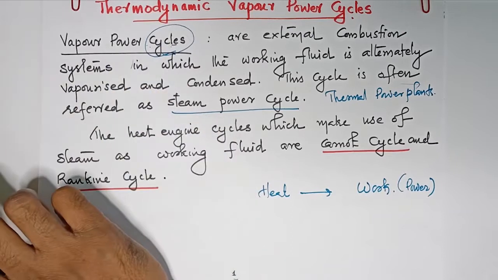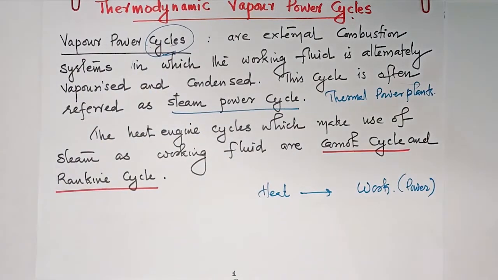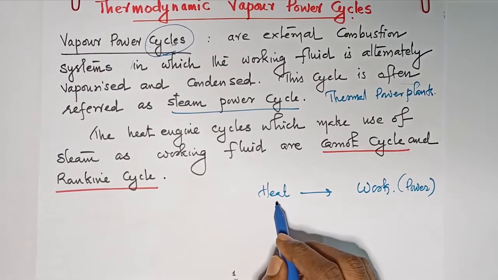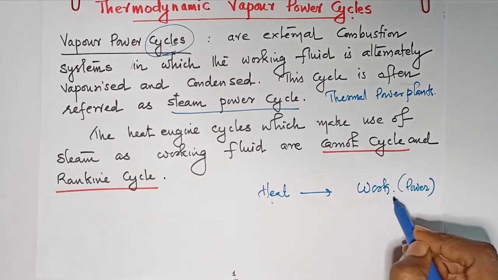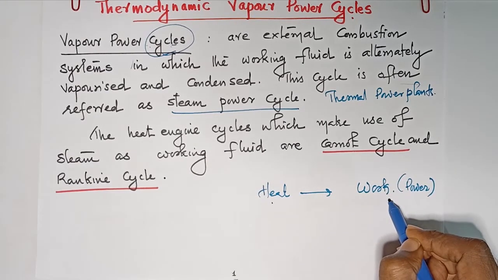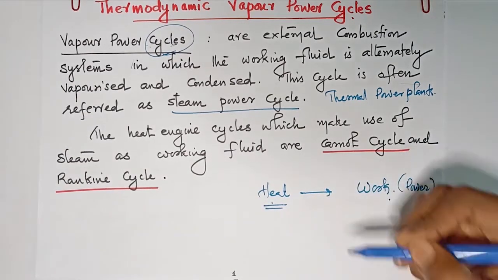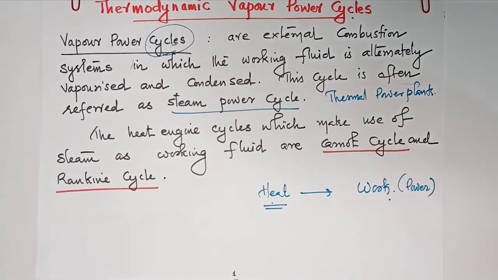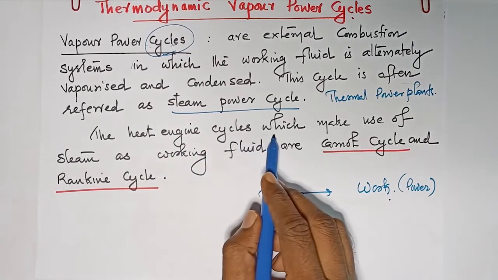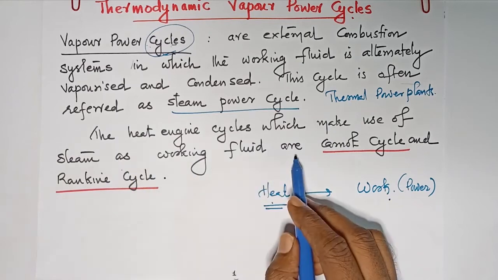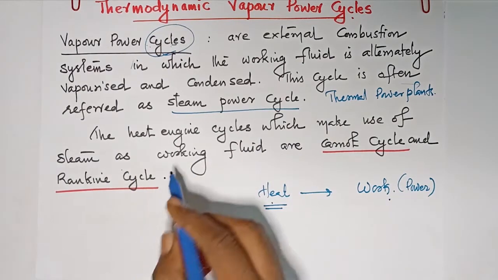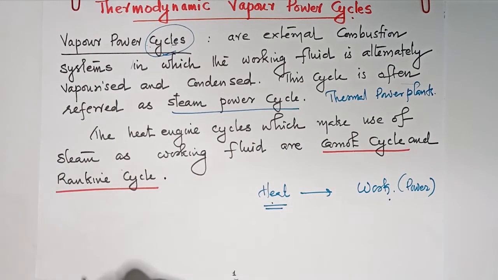That is why it is called power cycles. Heat energy available in the fuel is being converted into work. The heat engine cycles which make use of steam as working fluid are the Carnot cycle and Rankine cycle.